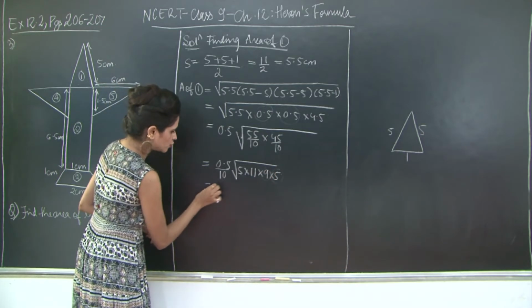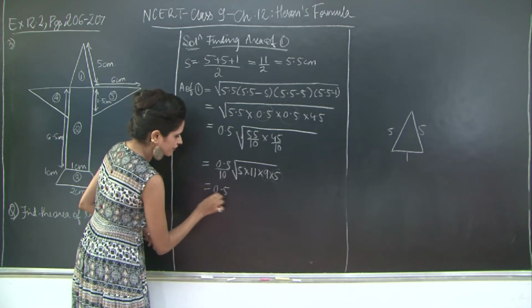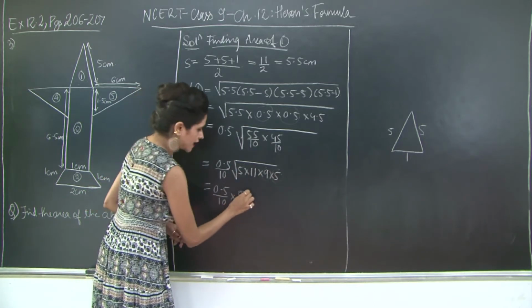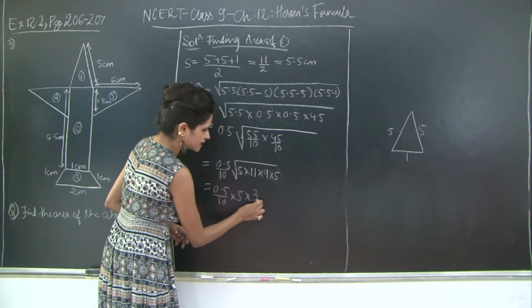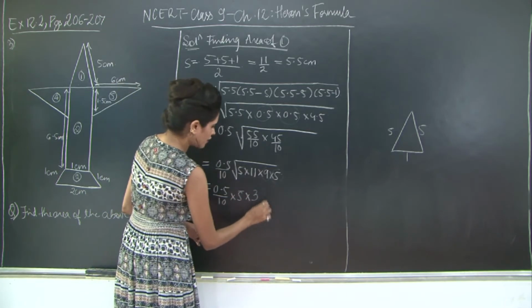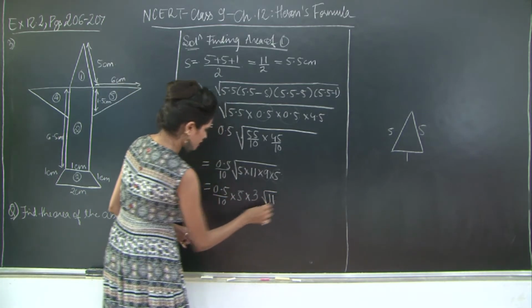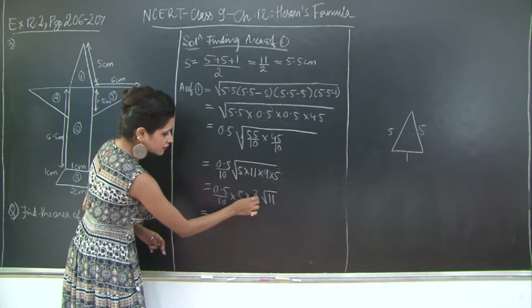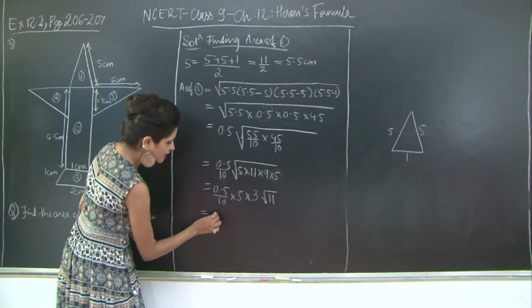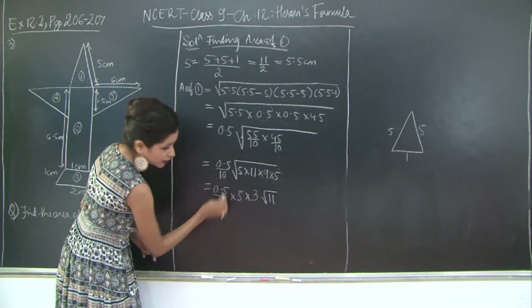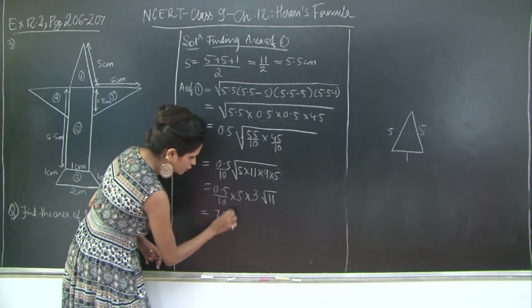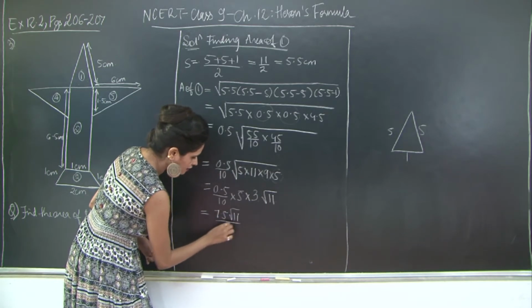So, I am going to remove, this would be 0.5 upon 10 into 5 for these 2 5s and into 3, because 9 is a perfect square of 3 and you are left with under root of 11 inside. So, this will be how much? 5 3s are 15, 5 5s are 25, 25 into 3 is 75, but we have 1 point. So, 7.5 root 11 upon 10.